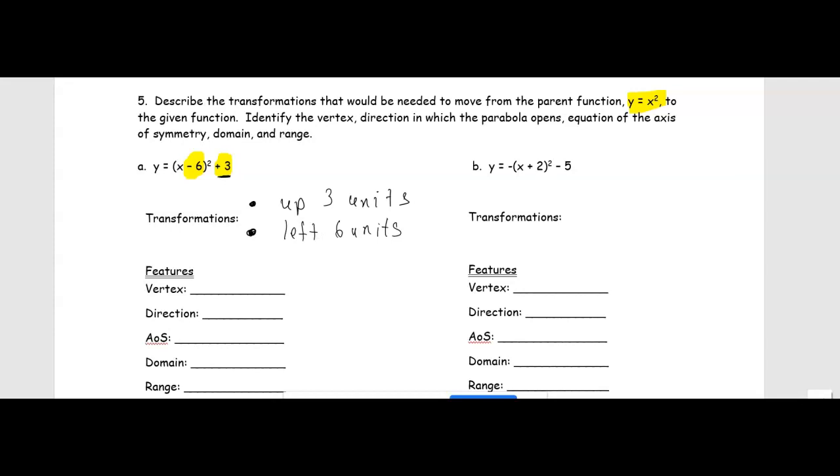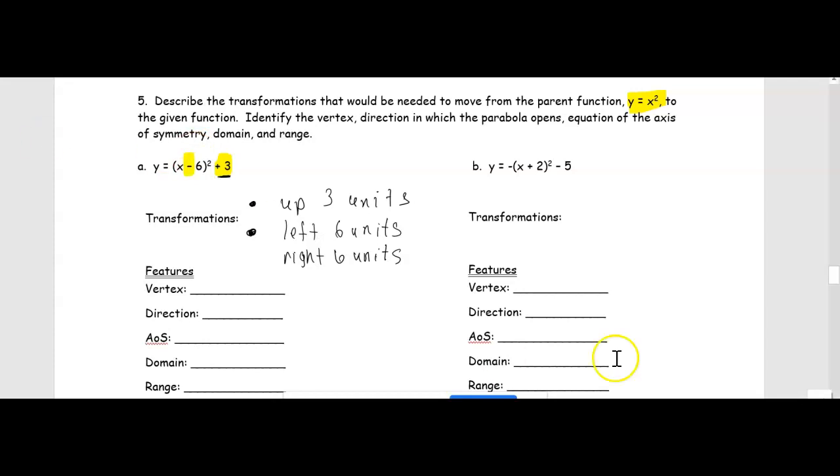I'm seeing conflicting opinions here. Vicky, you said no. Why'd you say no, Vicky? Vicky says it goes right 6 units. So hopefully you're in one of those two camps, either the left camp or the right camp. So when we go here, it's a minus. Notice how this is a minus 6.